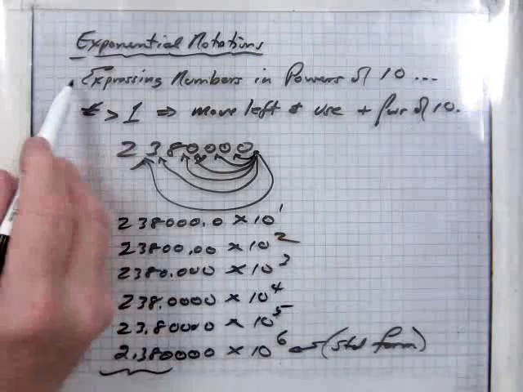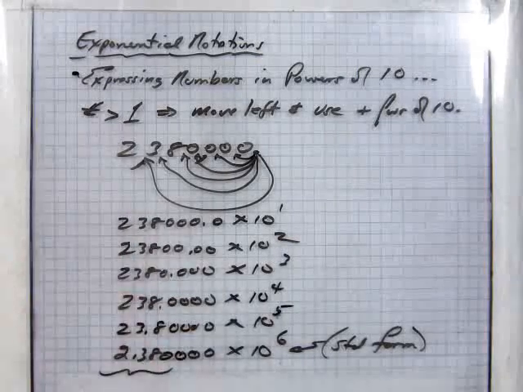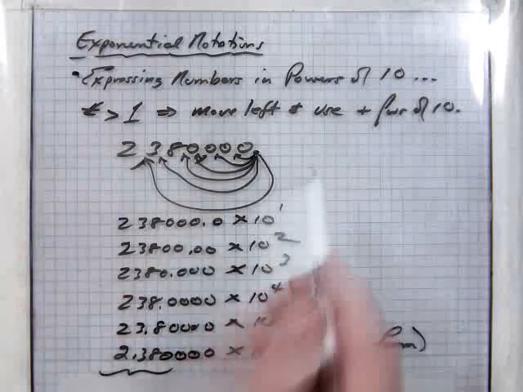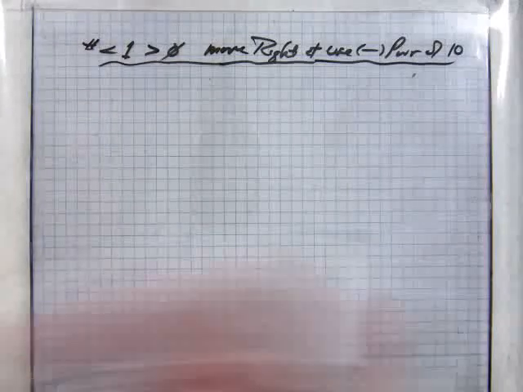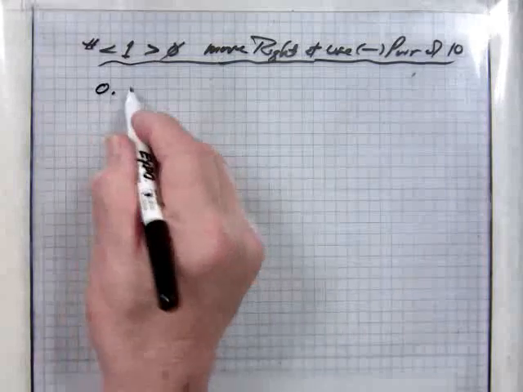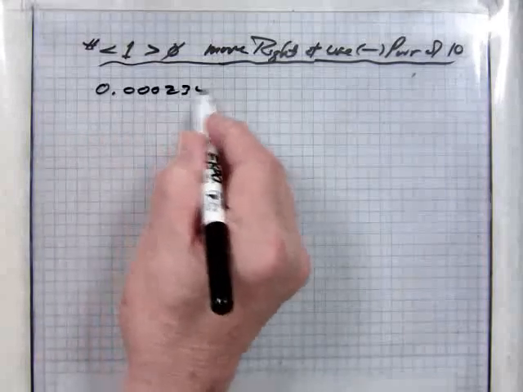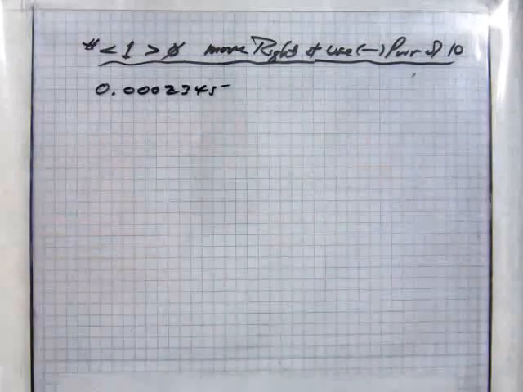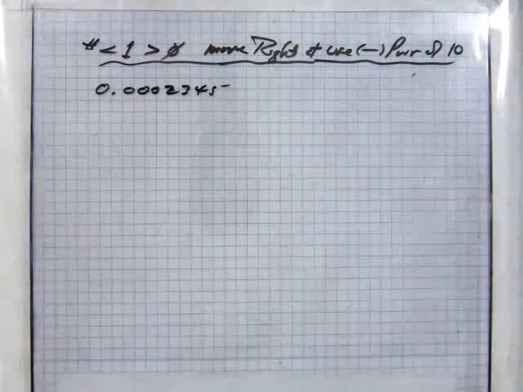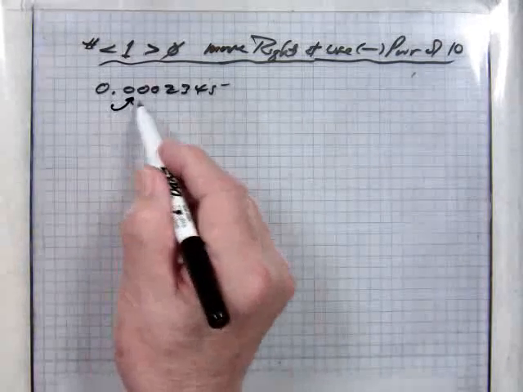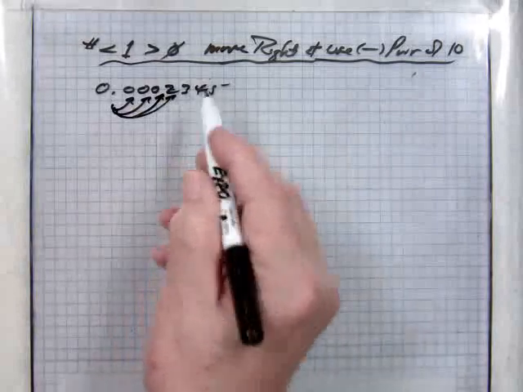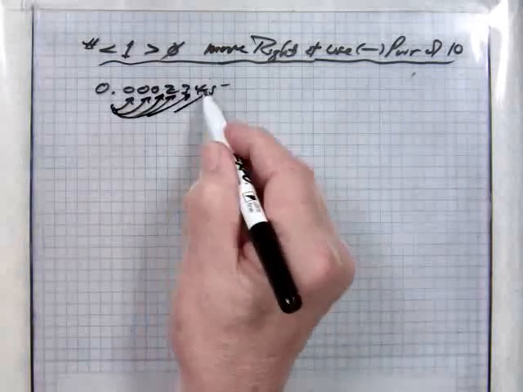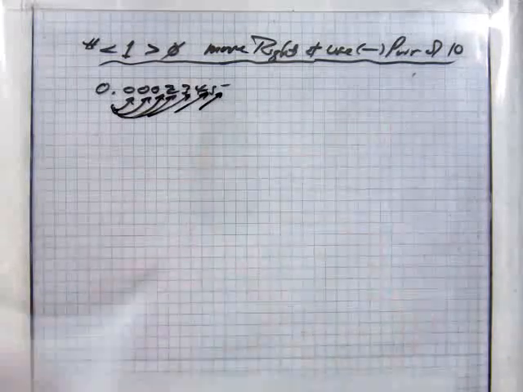Well, in numbers less than 1 and above 0, certainly you just do the move right and use a negative power of 10. So we have 0.000234. We want to express that in exponential notations. Again, we can put that in any of the positions as you go through this.